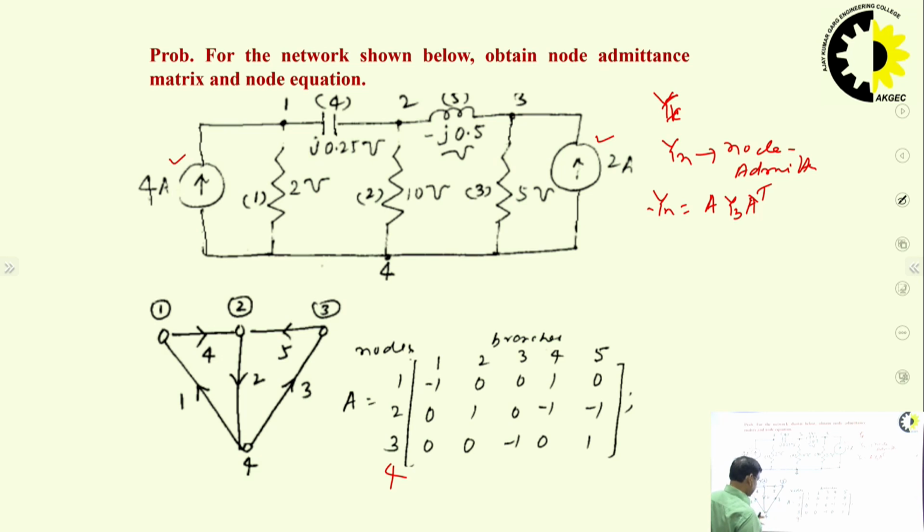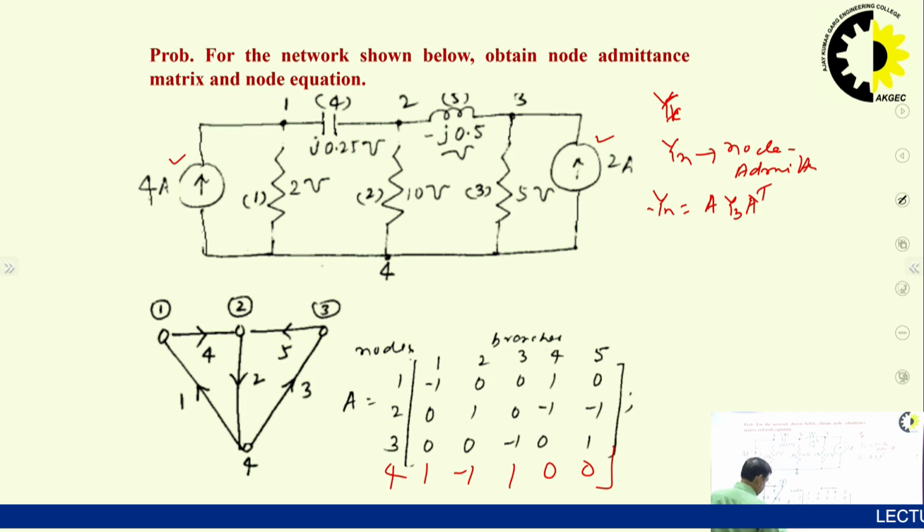So it is like this: 1, then -1, then 1, then 0, and then 0. This is the A matrix. A means include all the nodes, but I have written here the reduced incidence matrix.